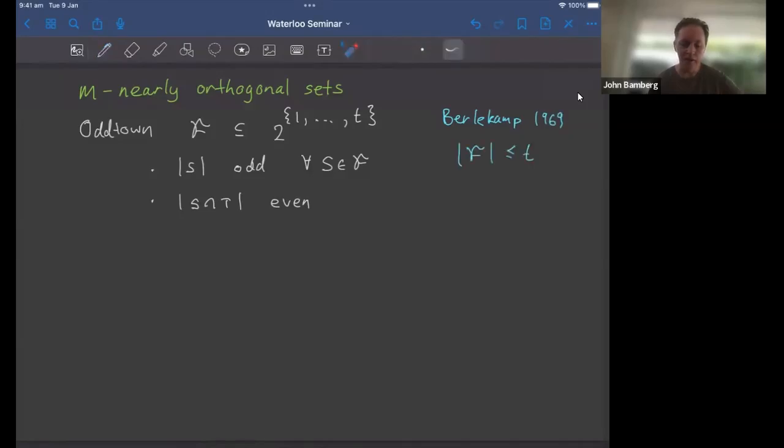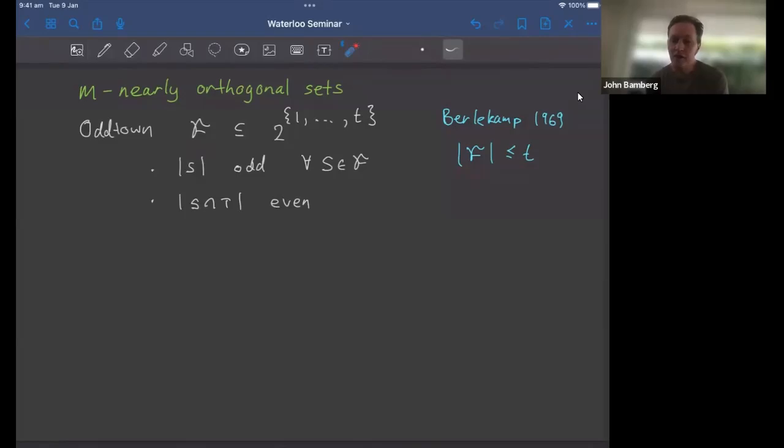The usual argument is, take the characteristic vectors of these sets and look inside a finite vector space over the field with two elements, apply the dot product, and you see that such a set would yield a linearly independent set of the vector space, and so you get at most t.